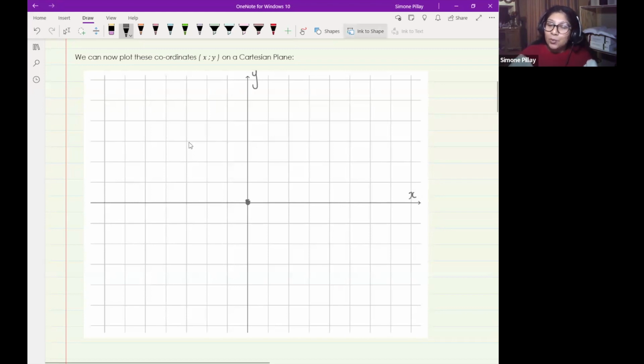But remember what we learned about how to write coordinates. Remember, my coordinates are always in the form of x and y. So I'm asking for the coordinate pair, and Alia has done it beautifully for me there. It is 0 and 0.